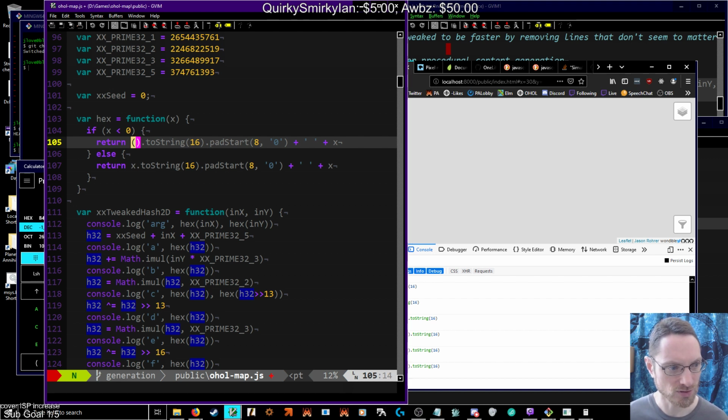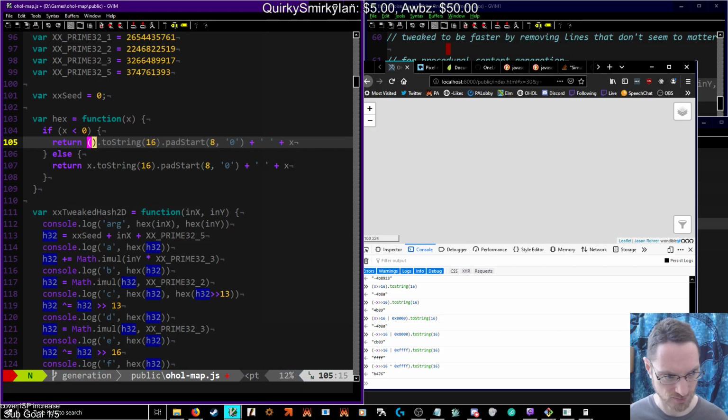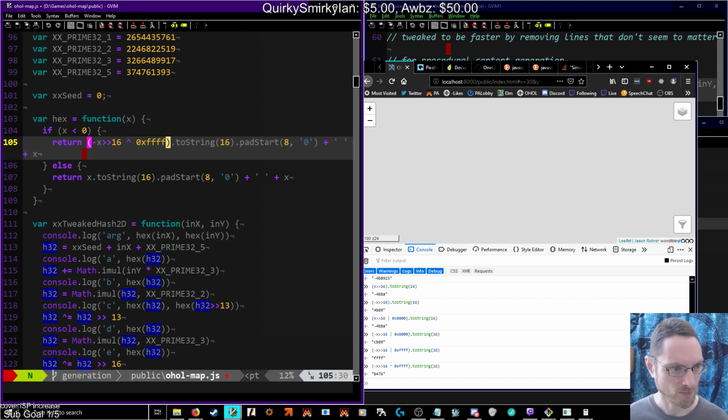All right, so we have to do first part. Negative x 16 toString plus x and toString.